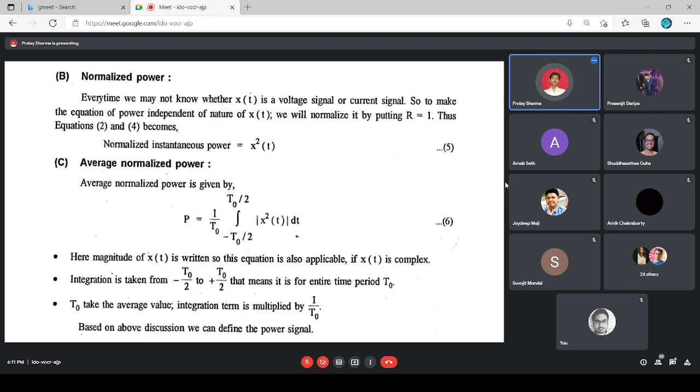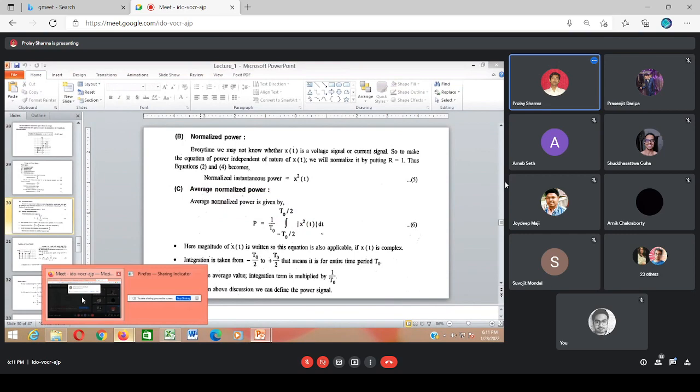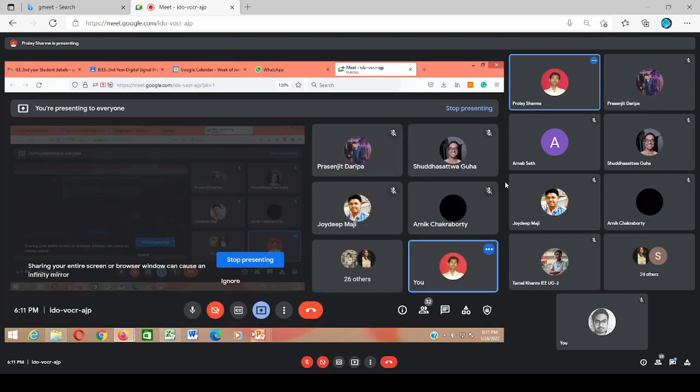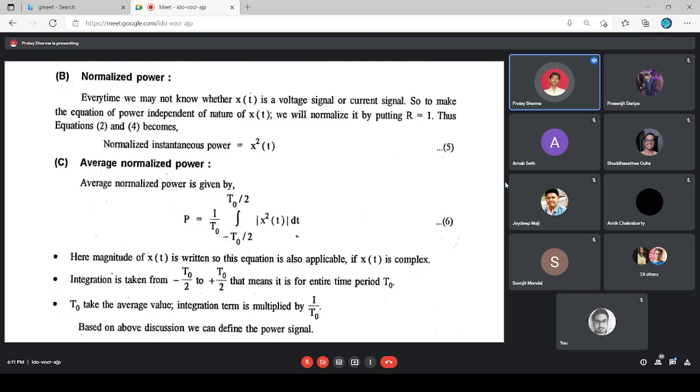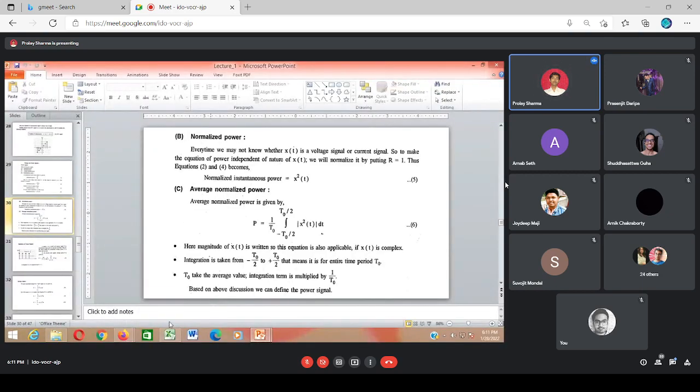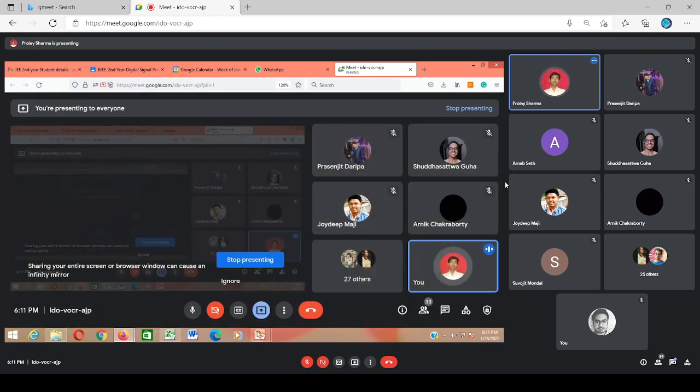Now if the resistance R in this expression is considered as 1, then it is called normalized power, that is, normalized with respect to unit resistance.